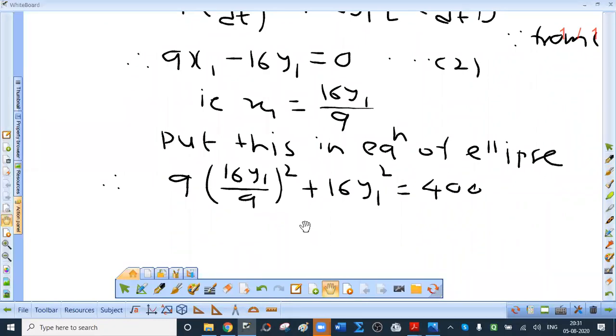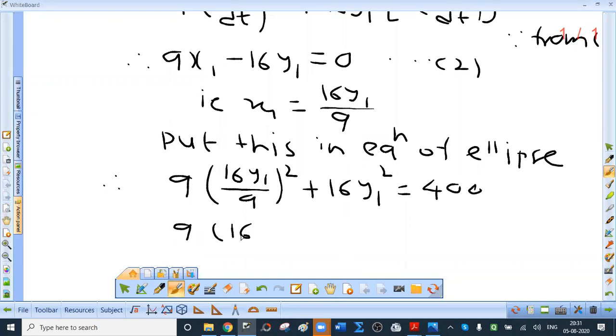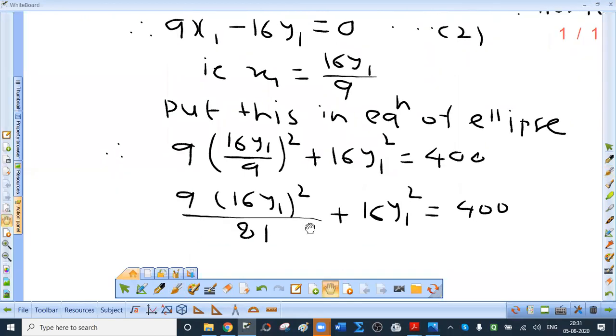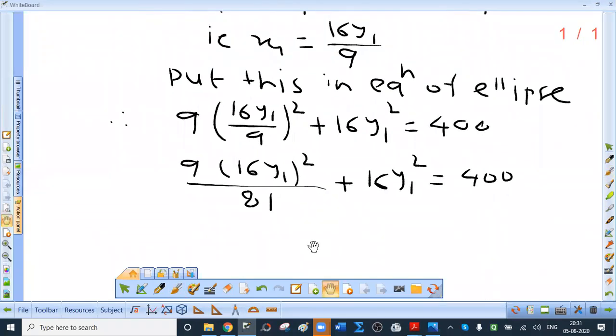So the equation is 9 into 16 y1 square upon 81 plus 16 y1 square equal to 400.